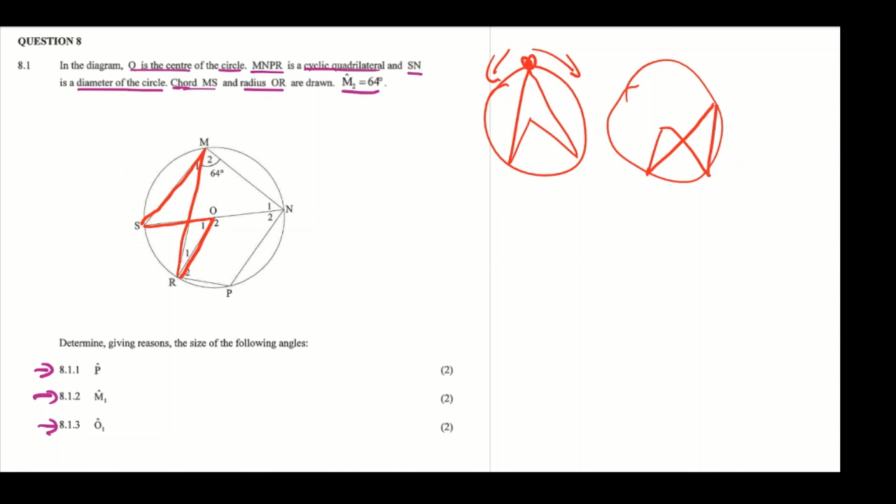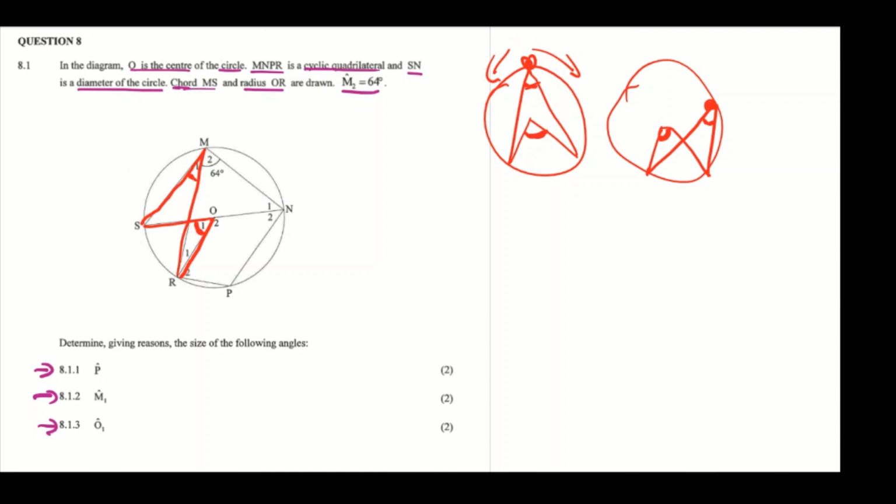It was here, now it's here, which is the same thing. So this is the center equals twice the circumference. This is theorem 3. So the same thing happens here: this angle at the center is twice the angle at the circumference.